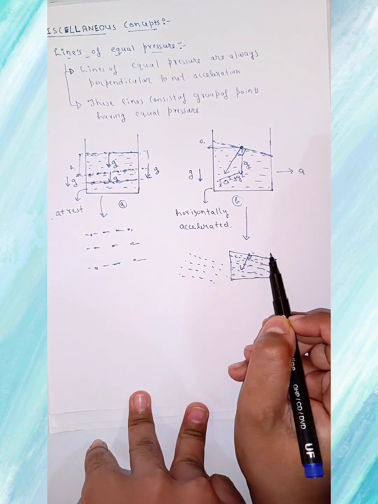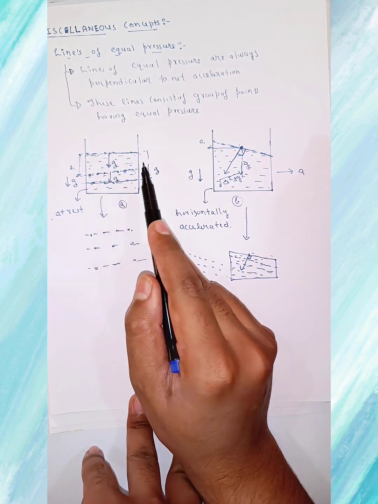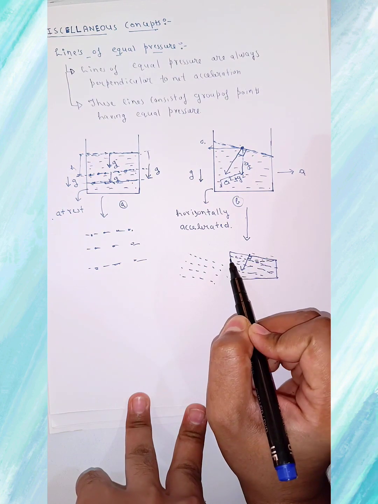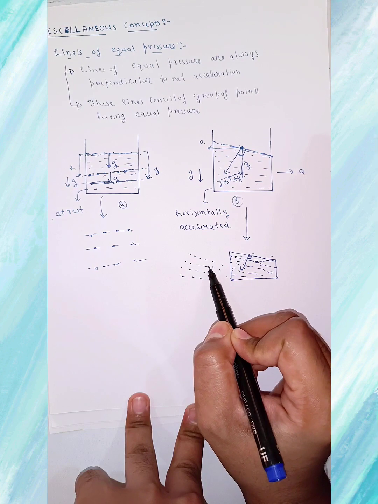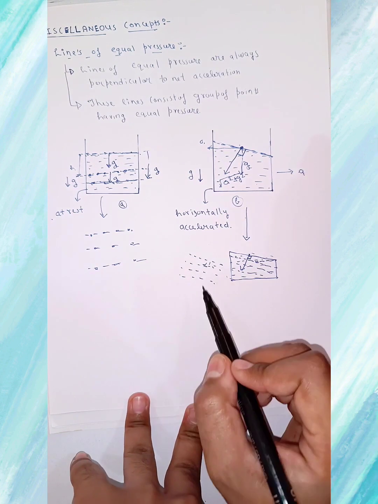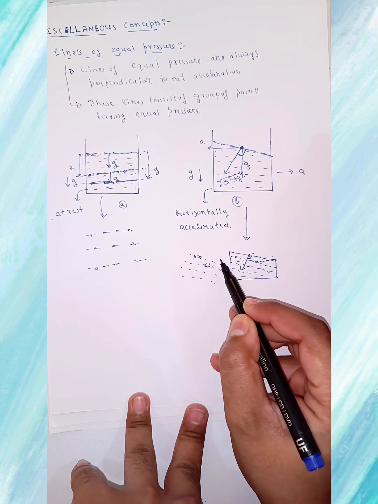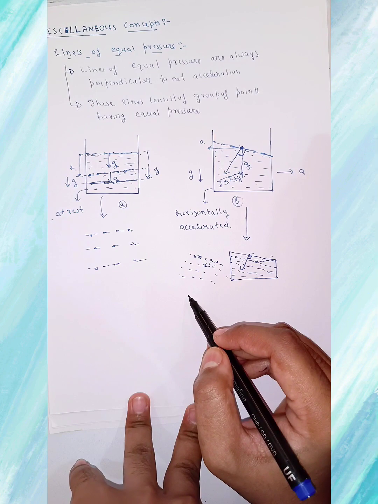Earlier the water surface was horizontal, but now it has inclined at some angle, so lines of equal pressure are also inclined with the same angle alpha, and if we take a single line, along this line pressure will be the same at all points.